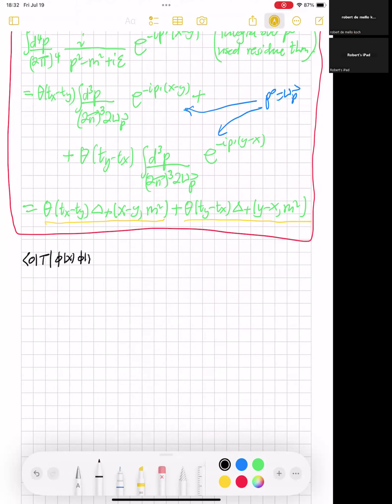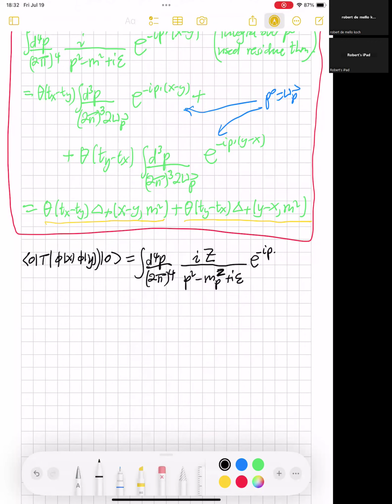This is the formula that we get for the time-ordered correlation function, ⟨Ω|T φ(x)φ(y)|Ω⟩. There are two terms. The first term is an integral d^4p over (2π)^4 of i Z over p² minus m_p² plus iε, times e^{-ip·(x−y)}. This m_p² really is the physical mass squared of our particle. It's what experimentalists would measure.